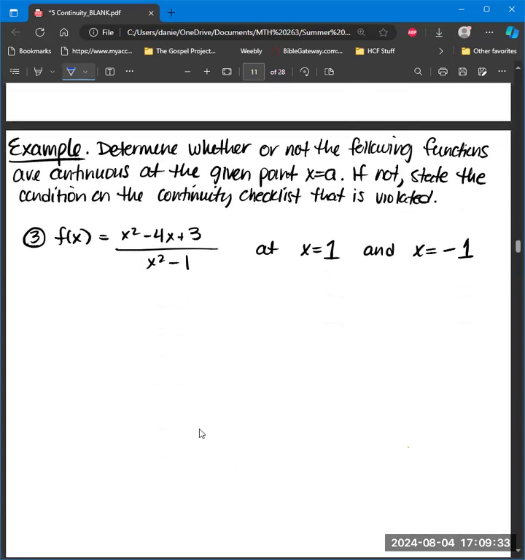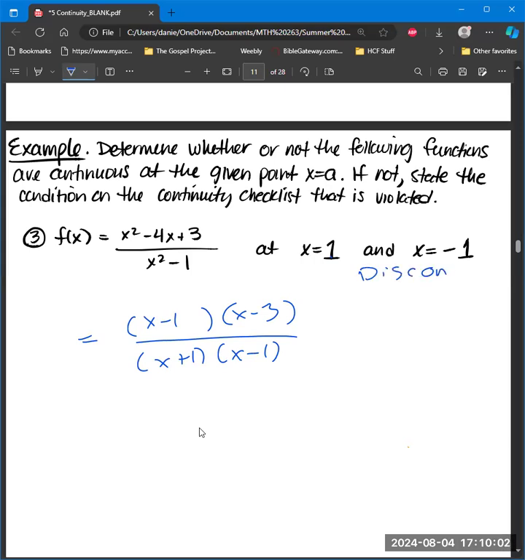Let's determine whether the following functions are continuous at x equals a. So let's look at this. x minus 1, x minus 3, x plus 1, x minus 1. Well, we have a problem here that we're not going to be continuous at 1 or negative 1 because 1 and negative 1 are not in the domain.